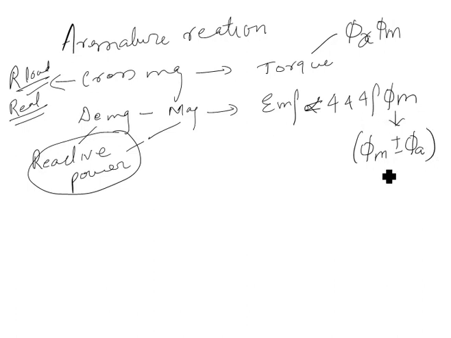The armature reaction may add to it, or it may subtract from it, and because of that the EMF voltage will increase or decrease depending upon the effect. So that's why the voltage is affected by the demagnetizing effect. Magnetizing or demagnetizing is a reactive component, and cross magnetizing is the real component. So this is the whole picture.